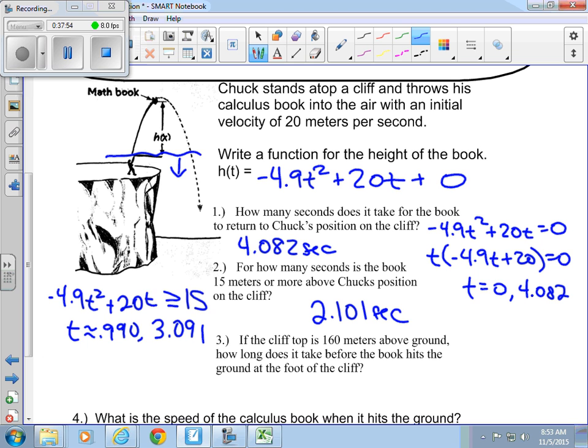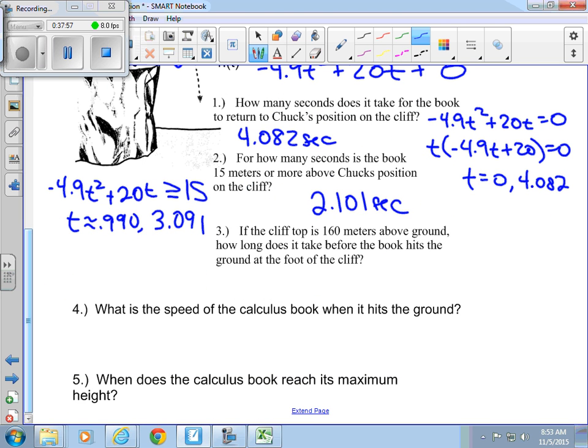If the cliff top is 160 meters above the ground, how long does it take before the book hits the ground? Now it's a lot. Now I could go back and rework my whole problem, but do I want to do that? What would I want to do?